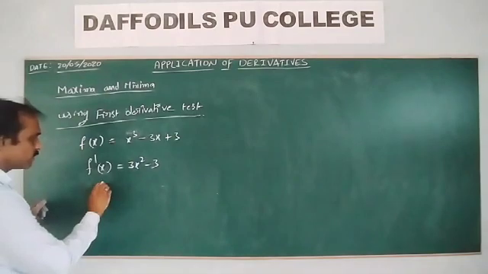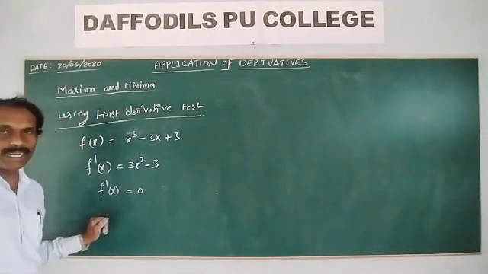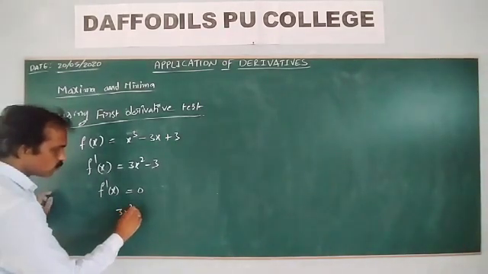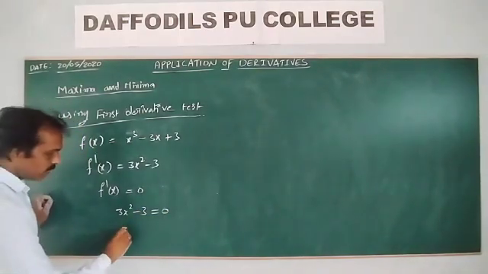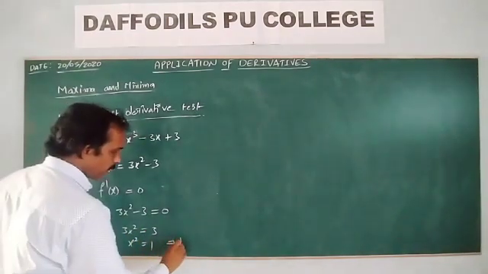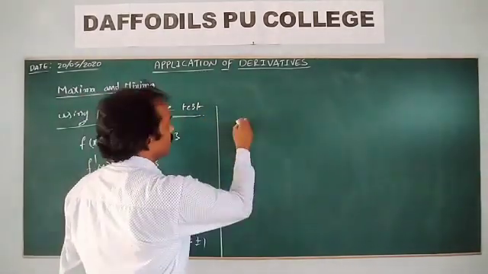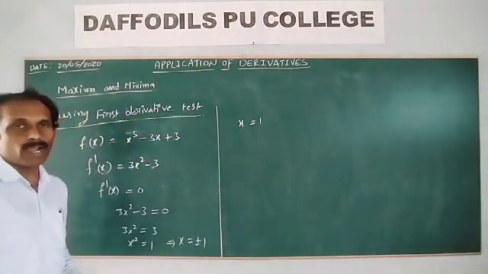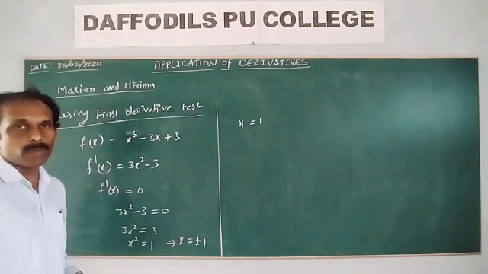For getting the critical points, f dash x is equal to 0. That implies 3x square minus 3 is equal to 0, so 3x square is equal to 3, x square is equal to 1, that implies x is equal to plus or minus 1. So x is equal to 1 and x is equal to minus 1. Those are the critical points.